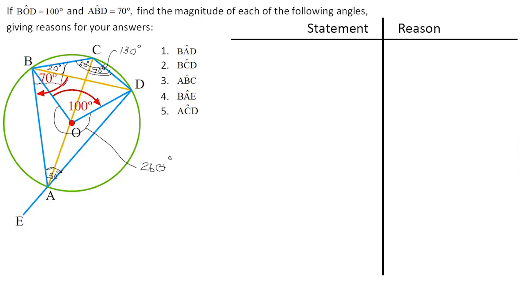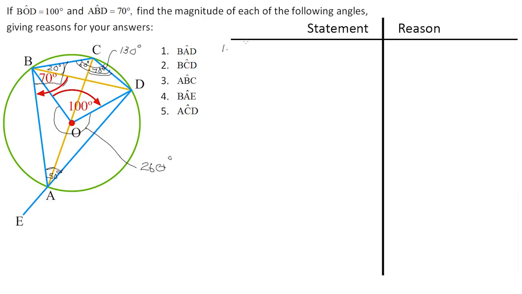And now, obviously, let's look at what they want me to calculate. The first question here is, they want me to calculate BAD. If you look at BAD, we have already calculated BAD. BAD is equal to 50 degrees. There's nothing that I had to calculate before that because it is linked from the center to the circumference.